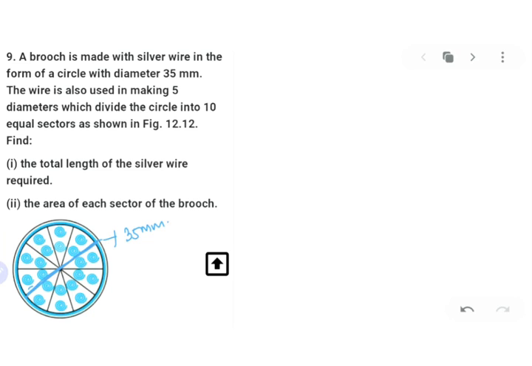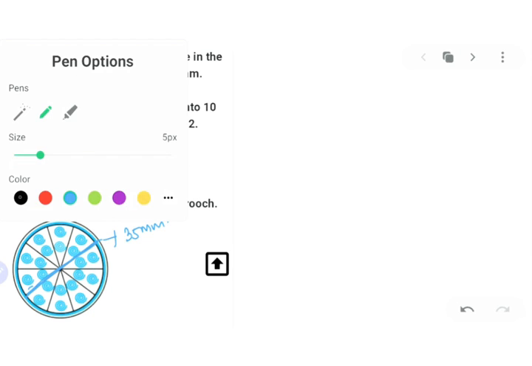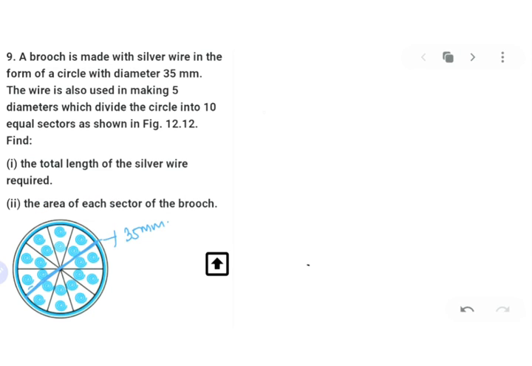Now my dear kids, let's start. What is given? It is given that diameter is 35 mm, correct? And the total number of diameters is given. How many diameters are there? Total number of diameters are 5.